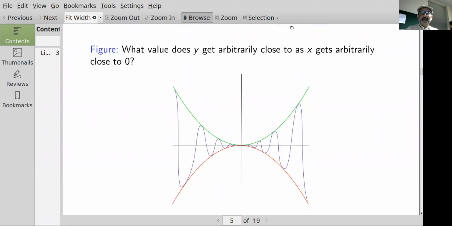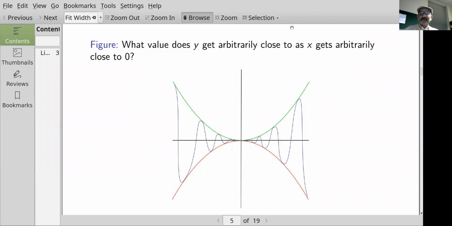Okay, so let's think about this graphically. Supposing that that green curve is the graph of some function, and then our x naught is 0 in this case. So as x gets really, really close to 0, the function values on this graph are getting really, really close to 0. If you look at the red curve, that maybe is the graph of another function.